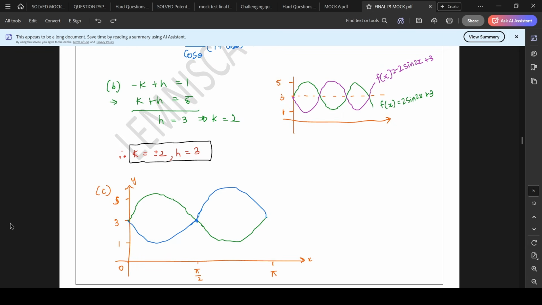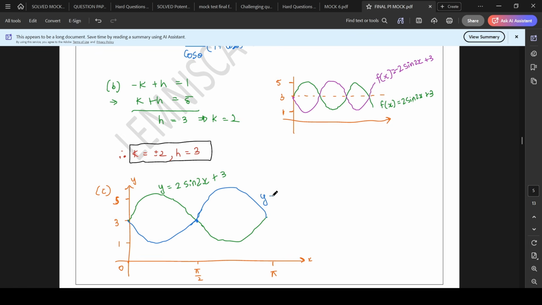But yeah, this is the proof of the graph that this is my function f of x, or I just write that this is my y is equals to, you need to label your graphs always. This is my y is equals to positive 2 sine 2x plus 3. And the blue graph is with the minus sign, right?